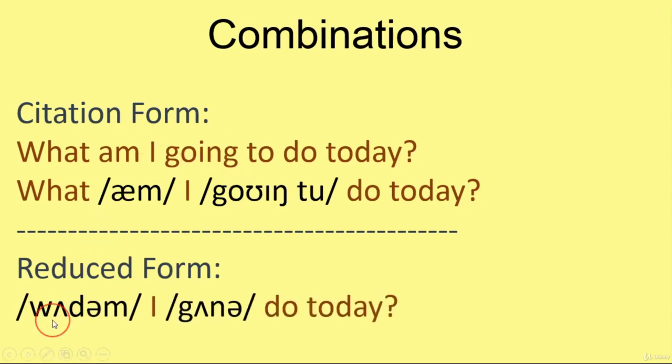We might say, what am I gonna do today? "What am" becomes "whatam," and "going to" becomes "gonna," and together in the same sentence we say, what am I gonna do today? So let's practice. Repeat after me. What am I gonna do today? And faster. What am I gonna do today?